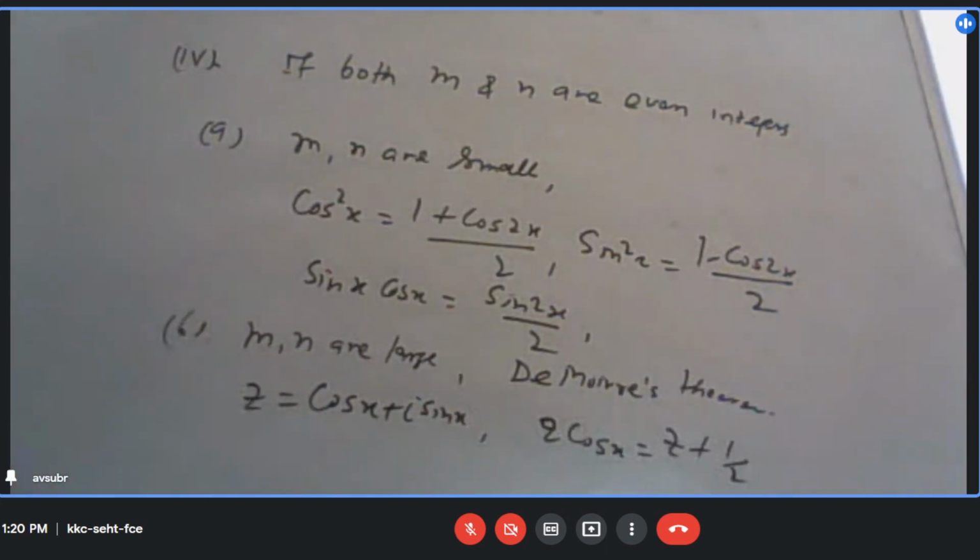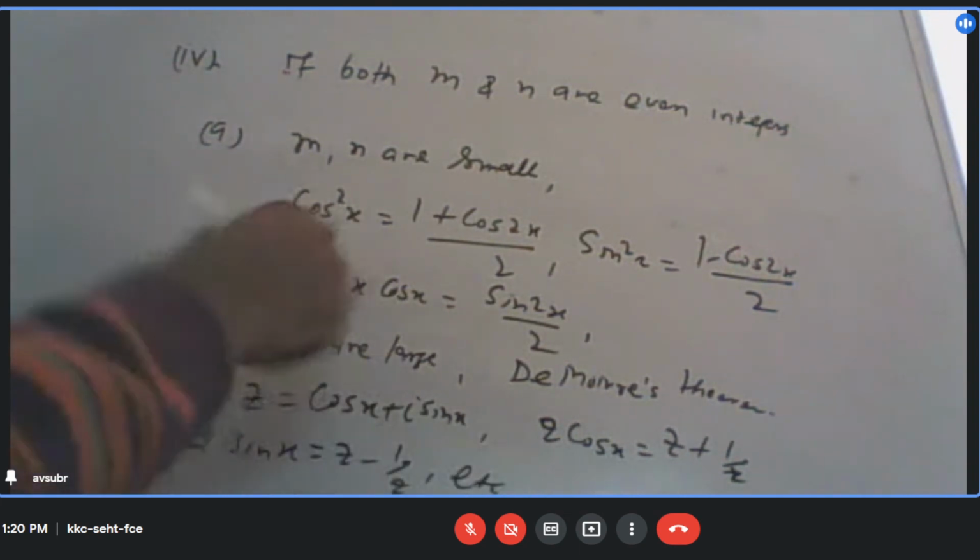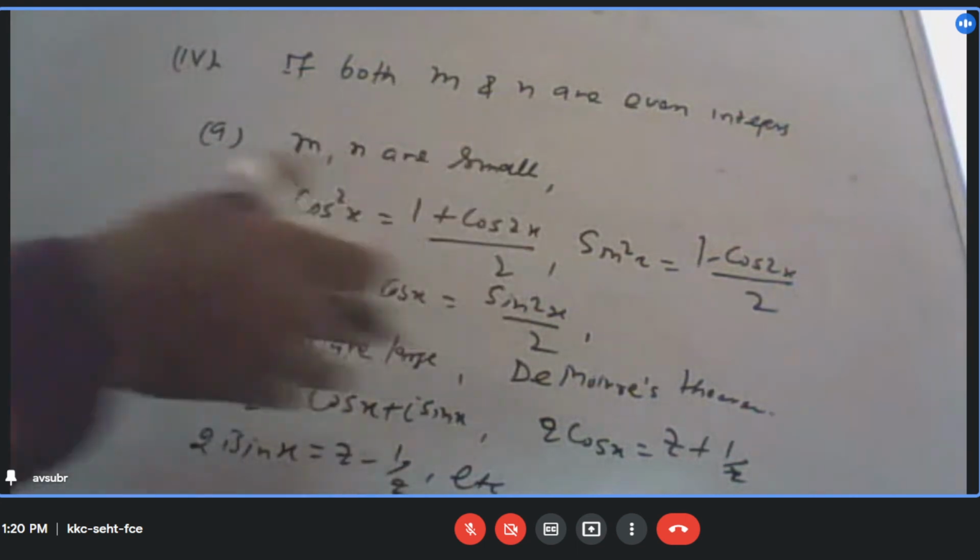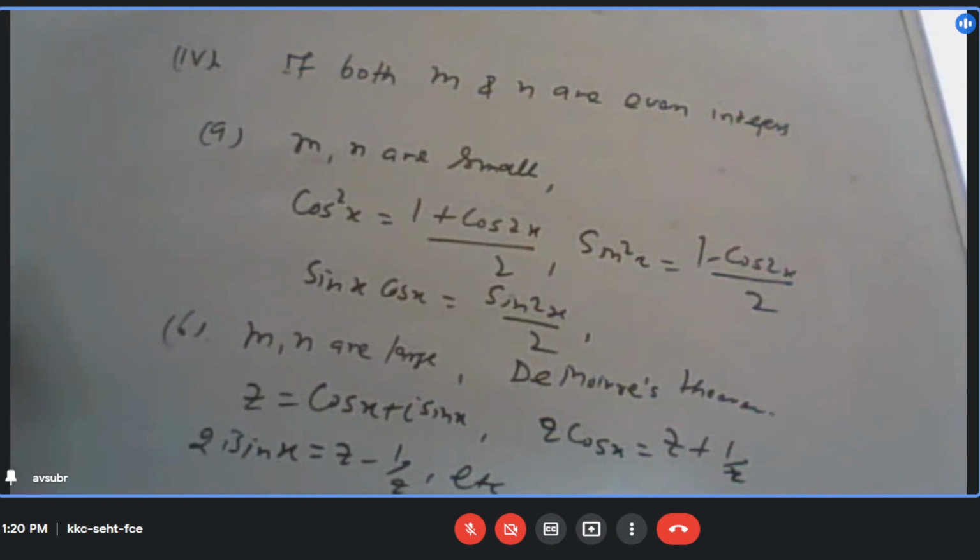We have derived this before, in the previous class. And 2i sin x equals z minus 1 by z, and similarly, taking z to the power n, cos nx and sin nx, we can find out.